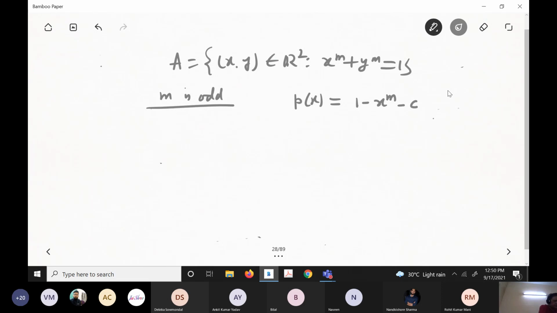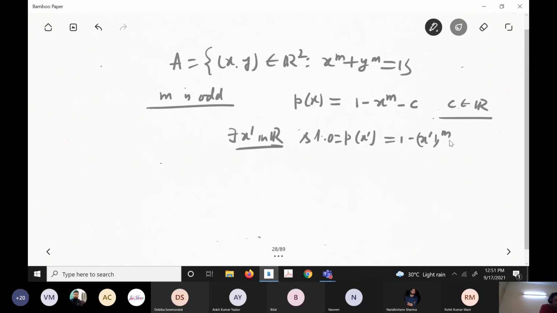C, well, C take real. Got it? So it's the odd degree. So it has a real root. So that there exists x prime in R. This is important. In R. Such that p x prime is equal to 0, equal to 1 minus x prime to the power m minus c. Okay. Now, so that you are getting c equal to 1 minus x prime to the power m.